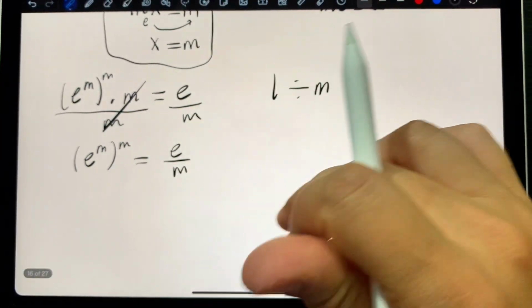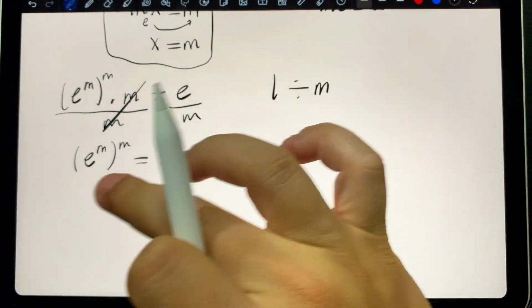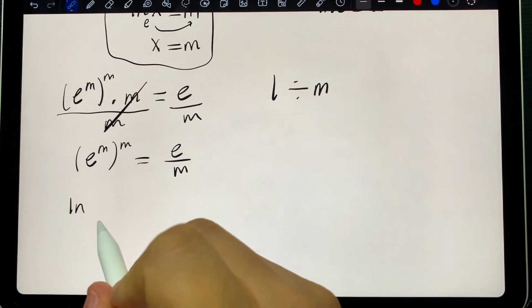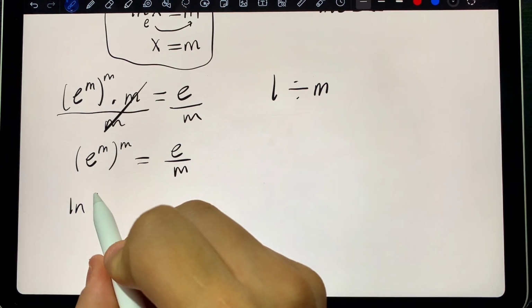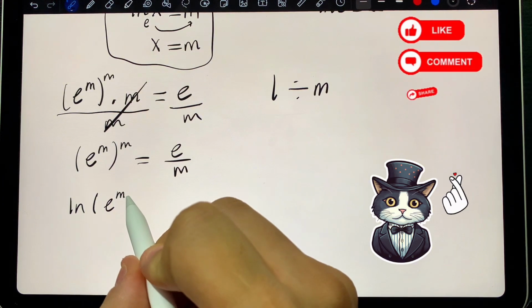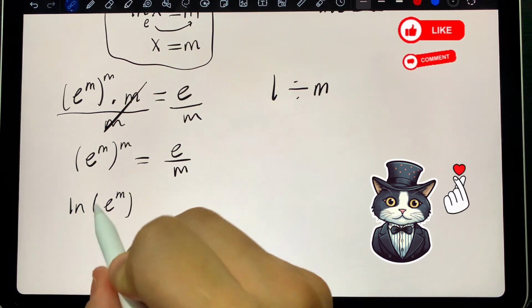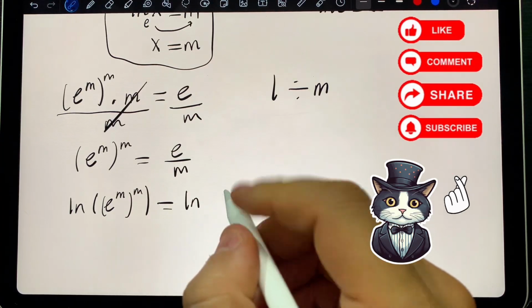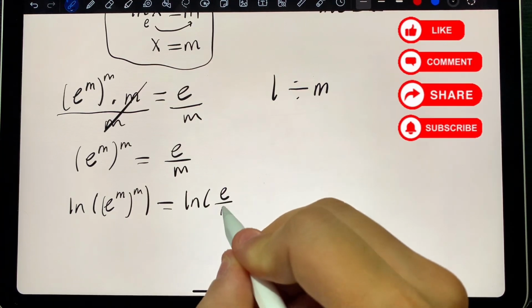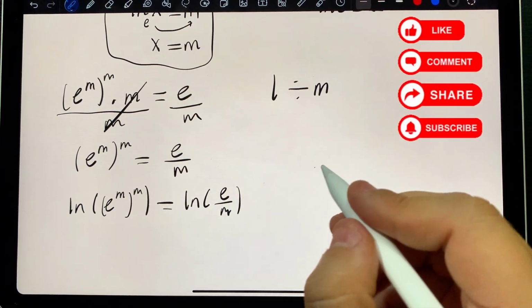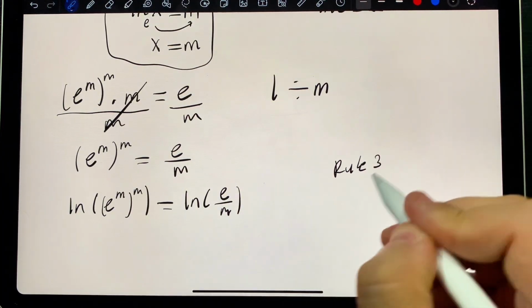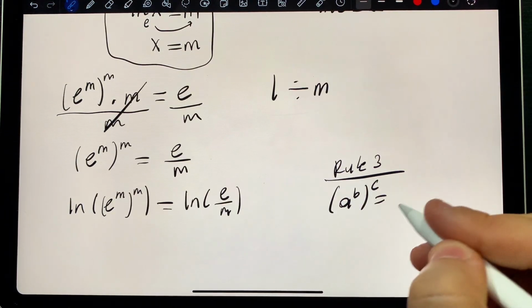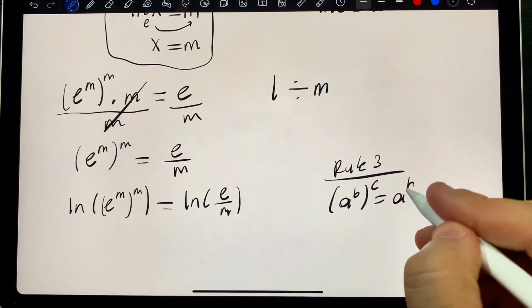Now, again, take the natural logarithm of both sides. ln e power m equals ln e over m. Rule 3: a power b power c equals a power b times c.